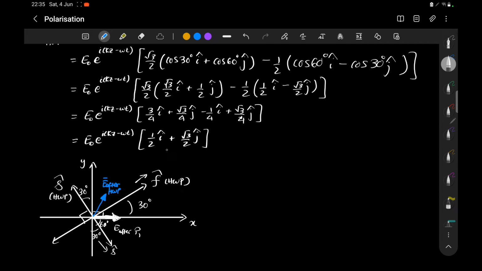If you notice, this term basically corresponds to an angle making 60 degrees with the x-axis.